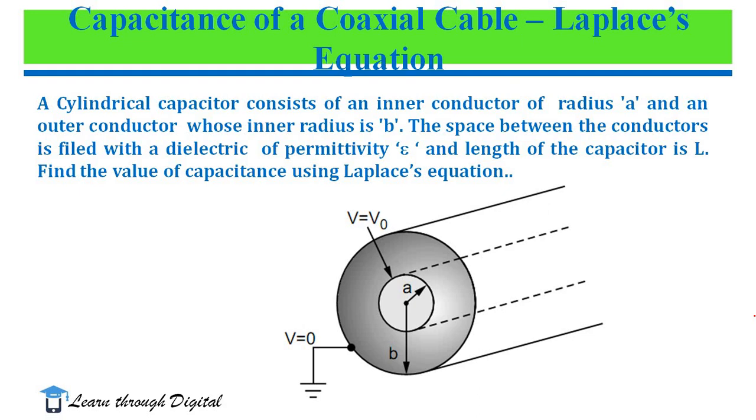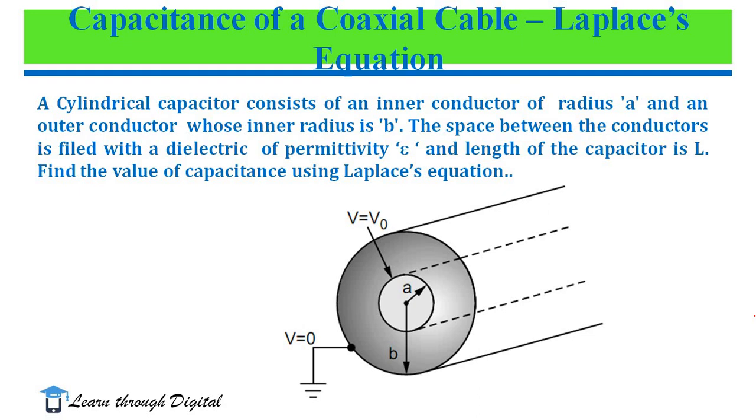And another method is using the Laplace equation. Here I am giving the statement of the problem. A cylindrical capacitor consists of an inner conductor of radius A and an outer conductor whose inner radius is B. The space between the conductors is filled with a dielectric of permittivity epsilon and the length of the capacitor is L. Find the value of capacitance using the Laplace equation.